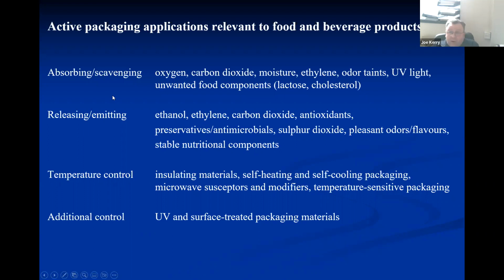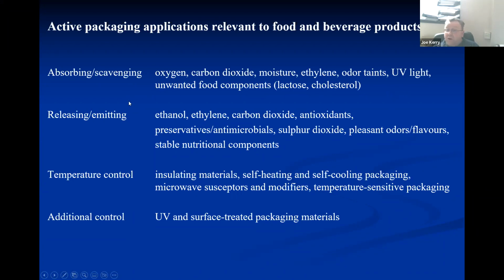The idea is that they take something unwanted from inside the pack, and by removing it, improve the condition of the food or beverage product in that pack. Big ones are the removal of oxygen, moisture, and ethylene, which is a plant hormone that causes the ripening of products. We can even have coatings that reduce UV penetration of the product as well.